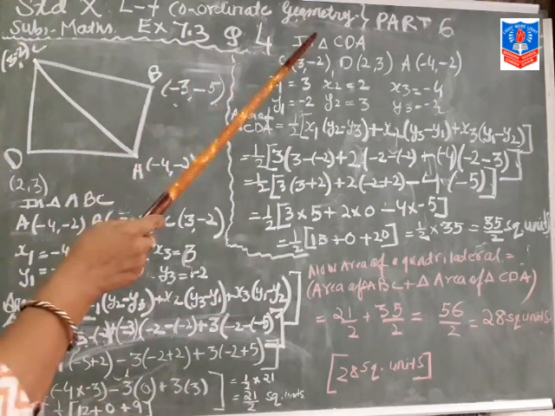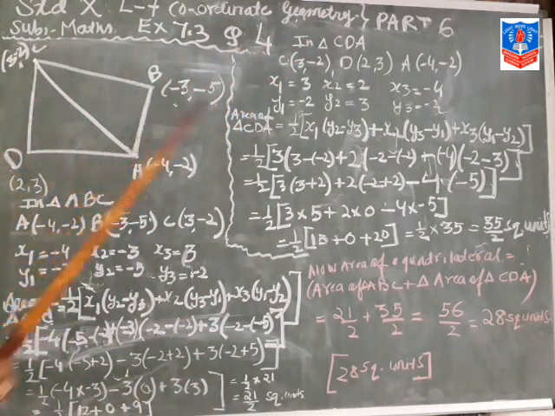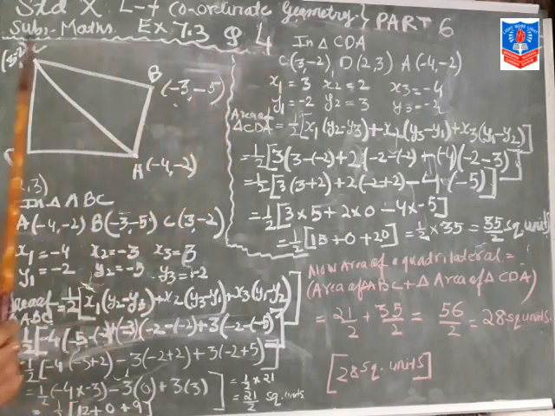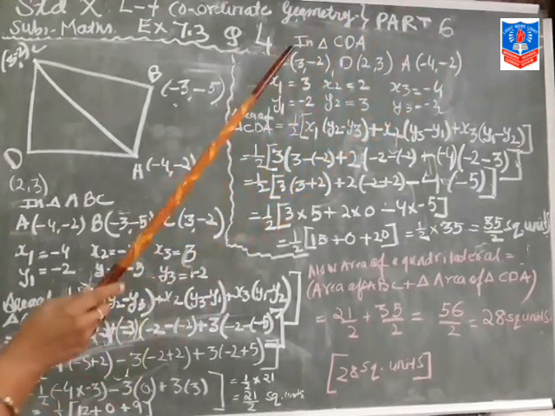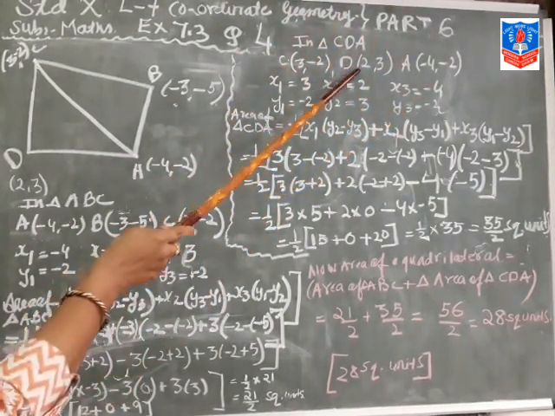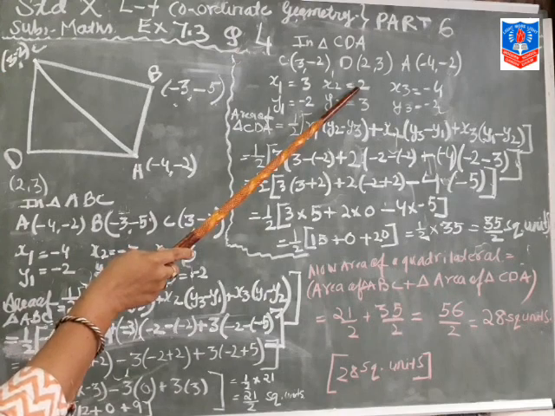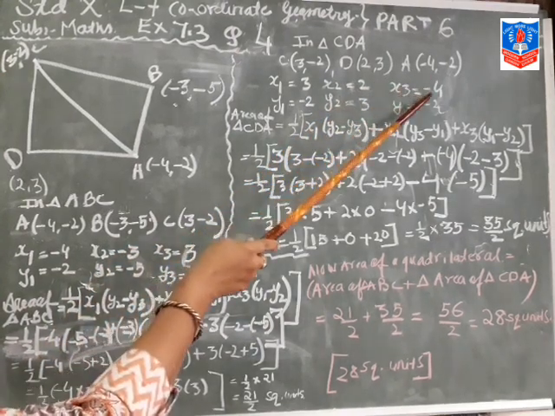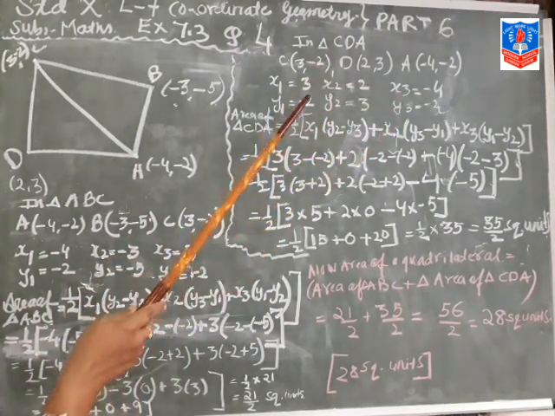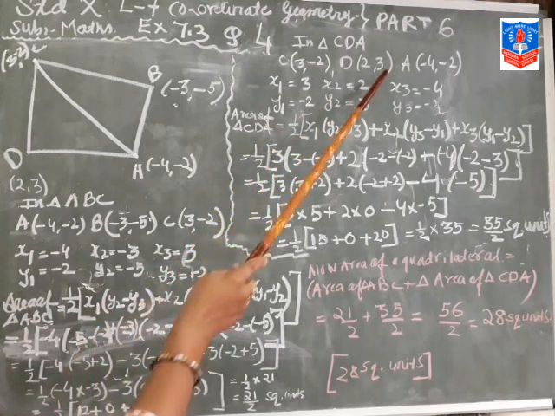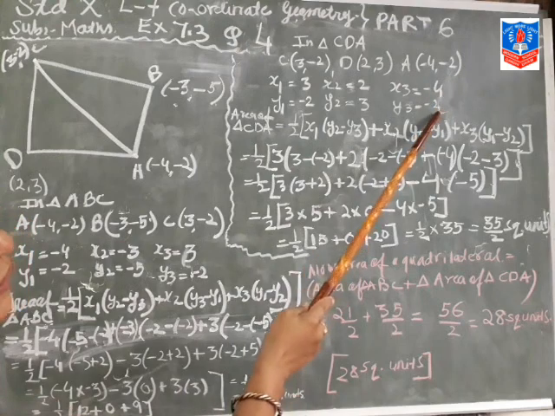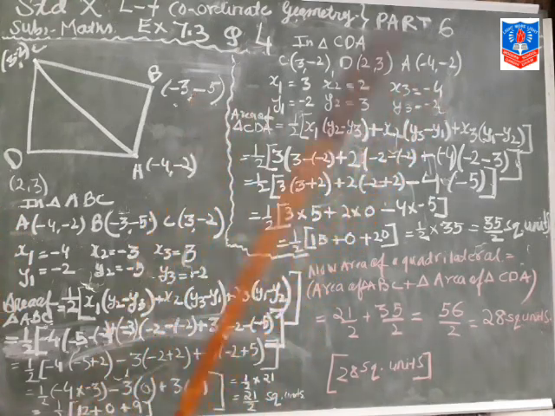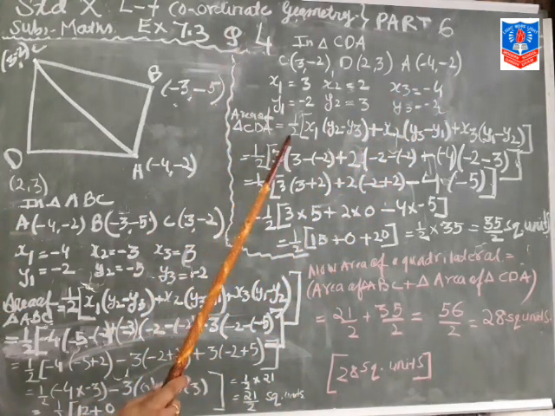Now in CDA, C 3 minus 2, D 2 and 3, and A minus 4 and minus 2. x1 3, x2 2, x3 minus 4. y1 minus 2, y2 3, and y3 minus 2. Here compulsory you have to write.